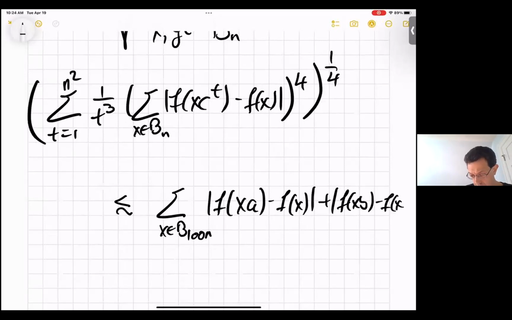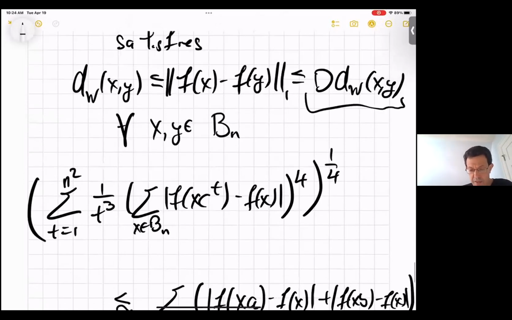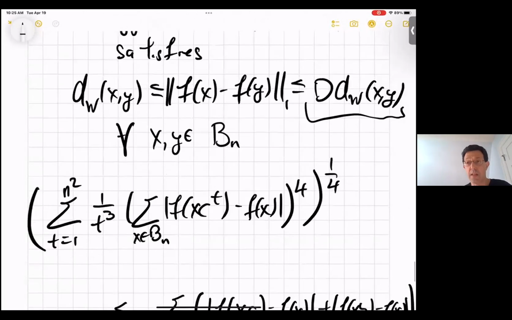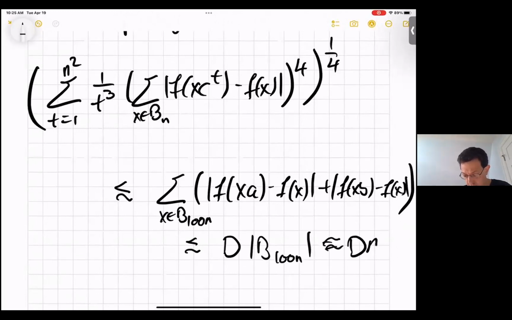These were just the generators. Okay, so let's just see what this means. If I use the upper bound, each of these terms, the distance between xa and x in the group is 1. That's the definition of the word metric. But this is bounded from above by D times the word distance. So what's written here is less than D times the number of elements in the ball of 100n, and I told you this number of elements behaves like n to the 4.